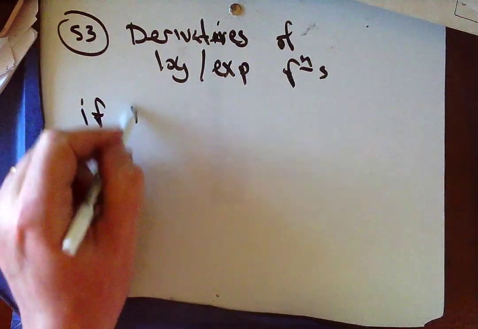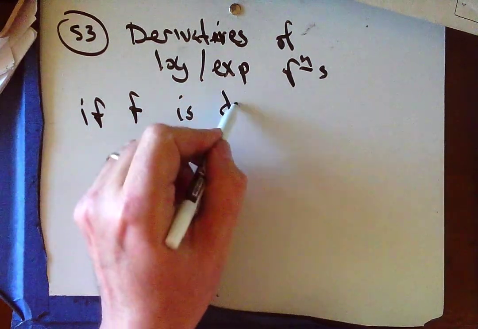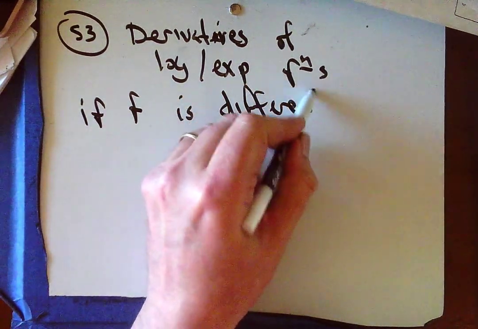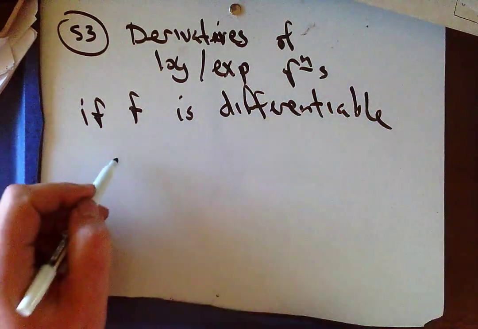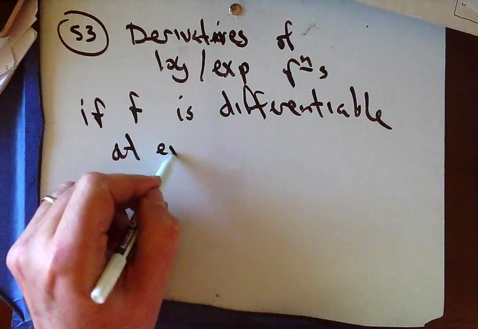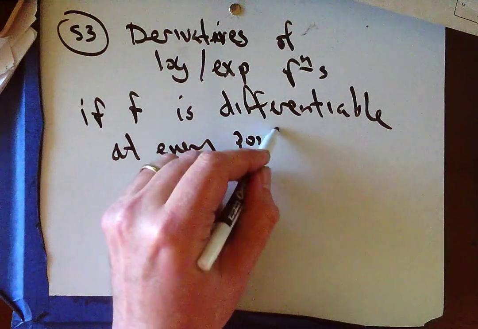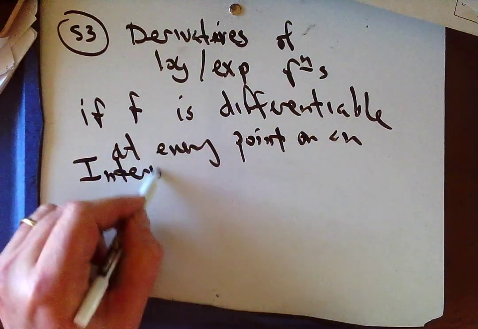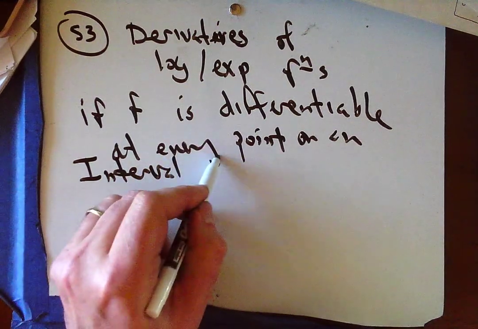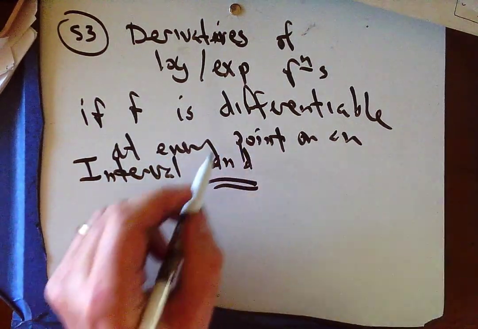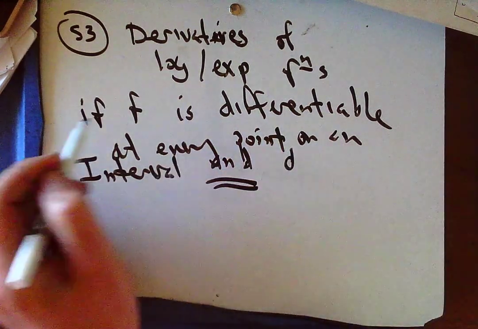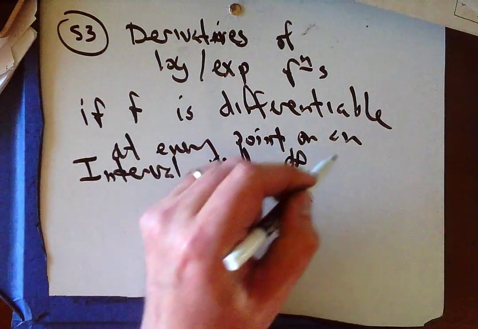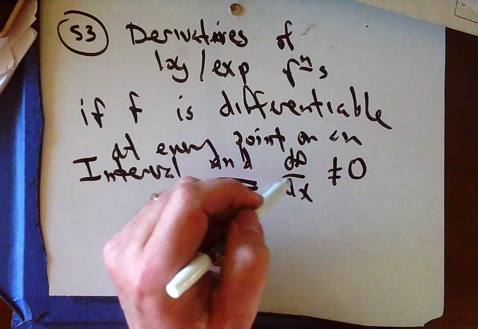So here the little box says derivative of inverse functions. If f is differentiable at every point on an interval from a to b, and this is very important, and the derivative of f with respect to x does not equal 0.